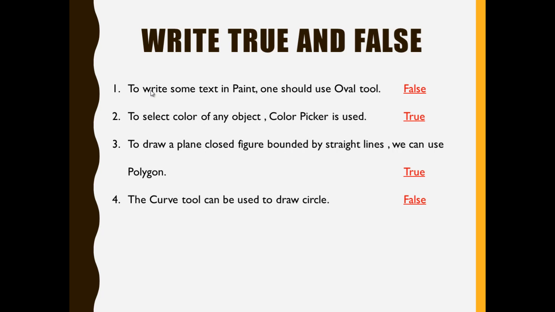This sentence is right. Third, to draw a plain closed figure bounded by straight lines, we can use polygon. True. Fourth, the curve tool can be used to draw circles. It is a false sentence.